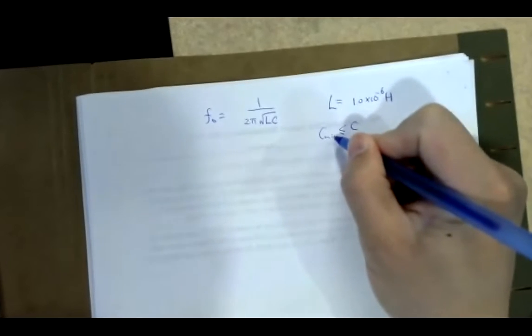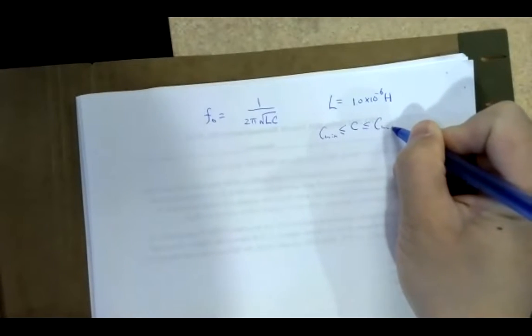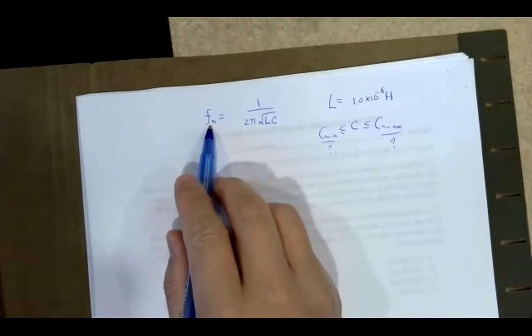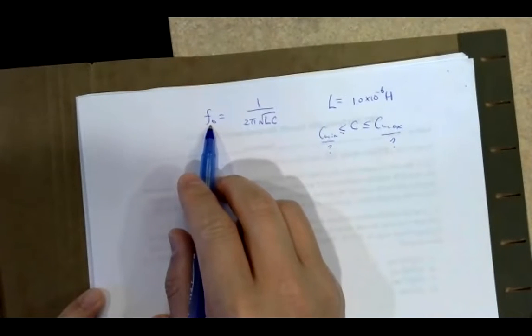It can go from a minimum number to a maximum number, right? So it's asking you what's that minimum and what's that maximum.